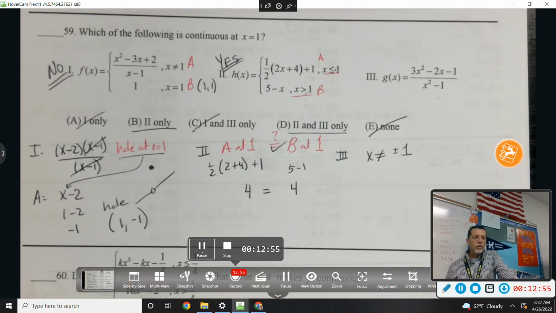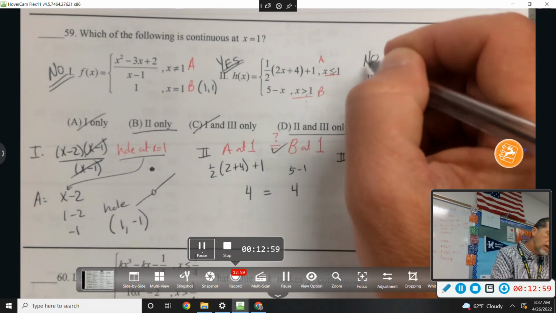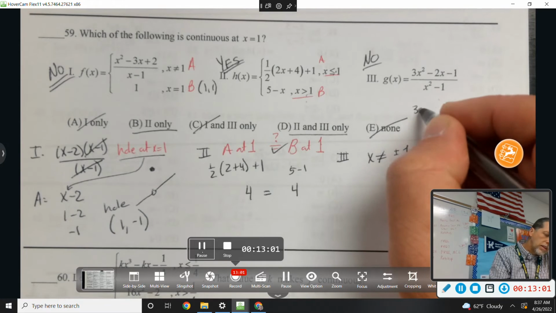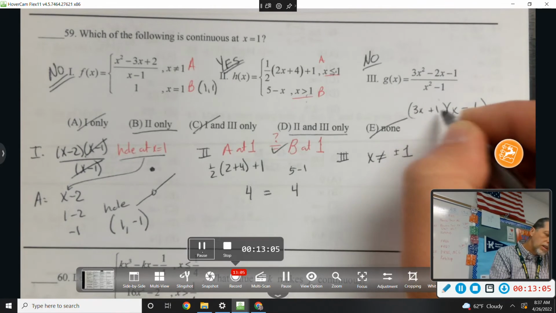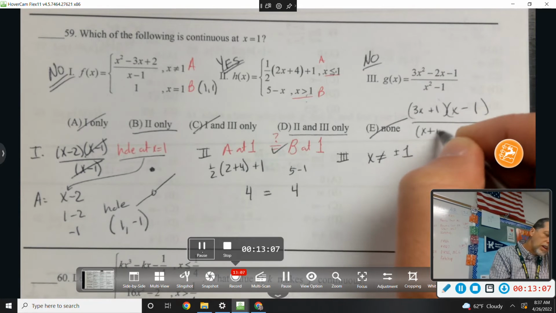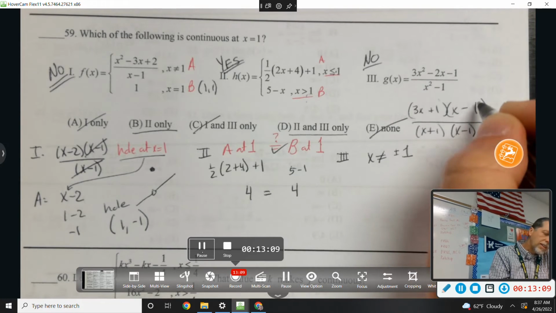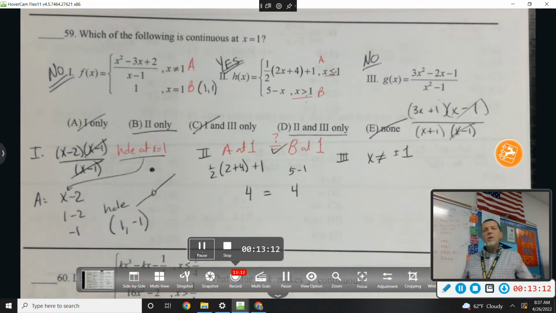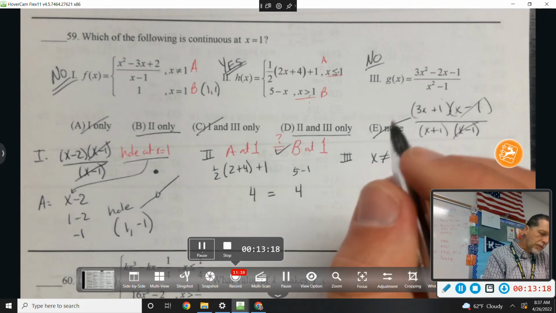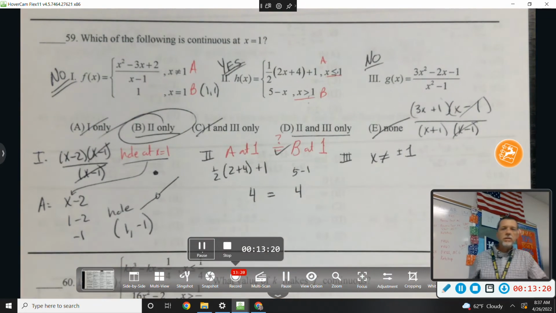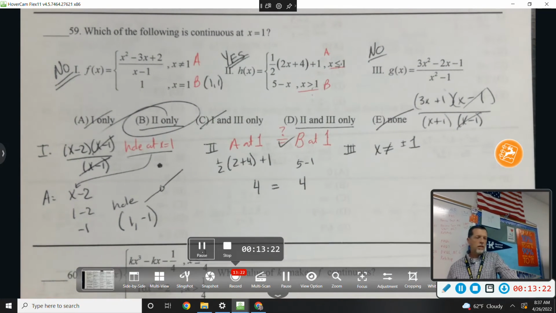If there's a hole or an asymptote, it's not continuous. Now, I'm just kind of curious. In fact, it does cancel. But so what? That means there's a hole there, and nothing is filling the hole in, so not continuous. So only number 2. That was a good question.